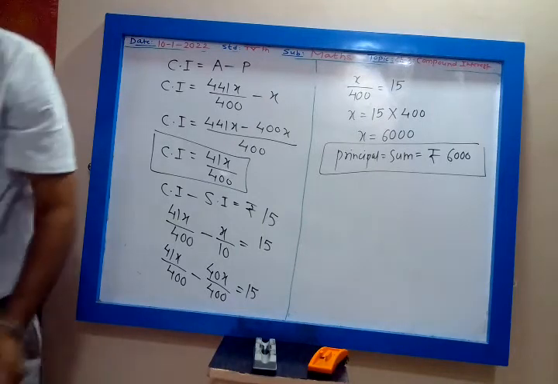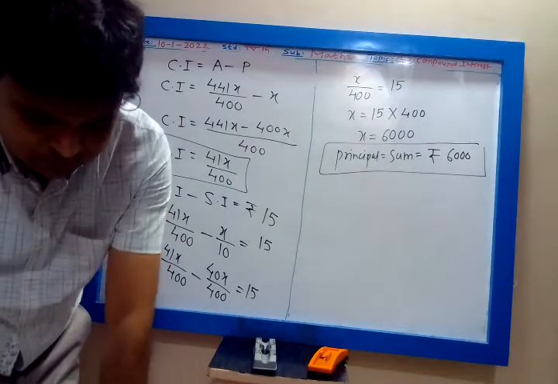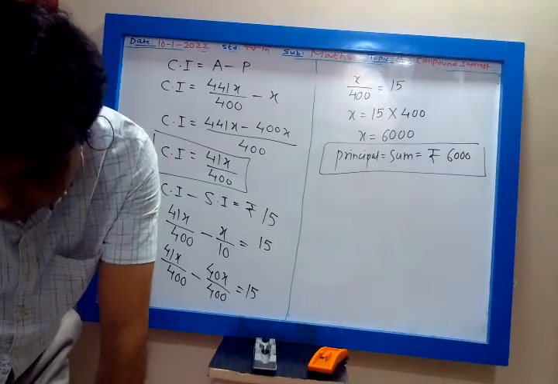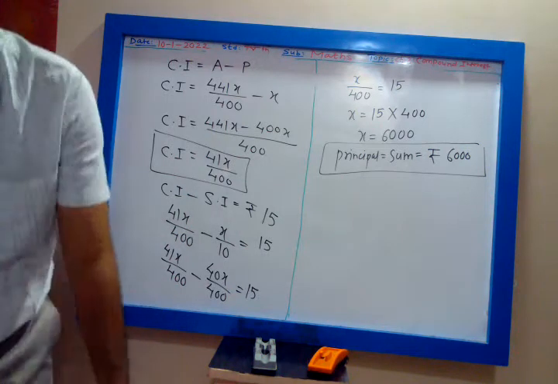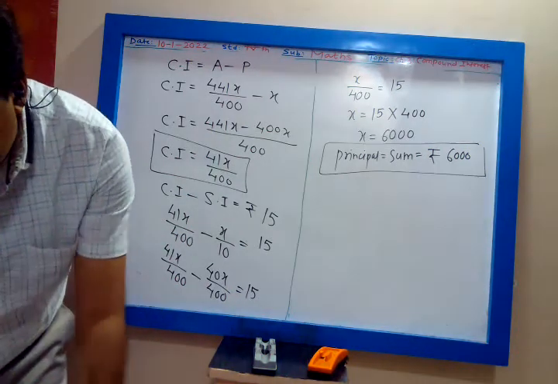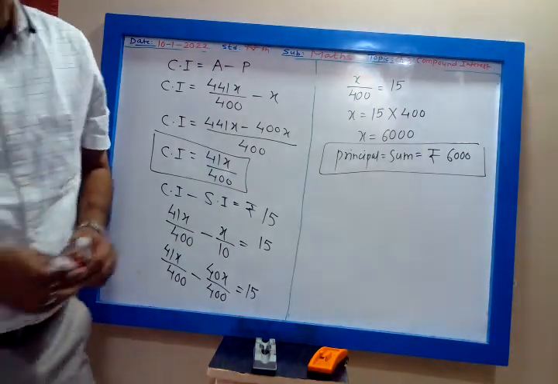Correct? Now let us do the 10th one. It is simple, but you need a little bit of understanding. The ages of Pramod and Rohit are 16 years and 18 years.